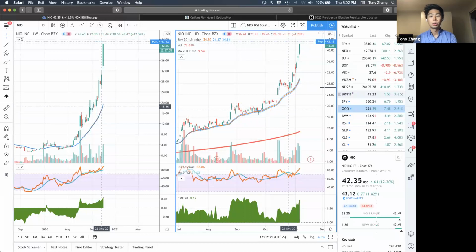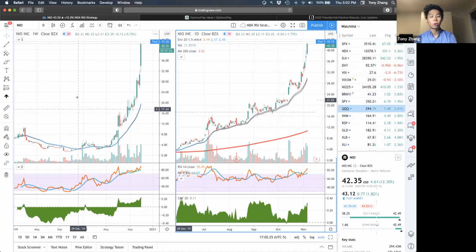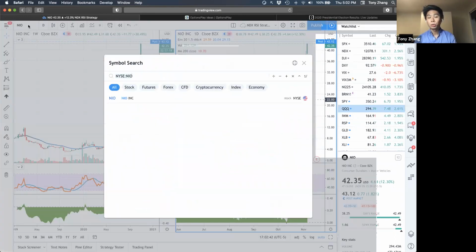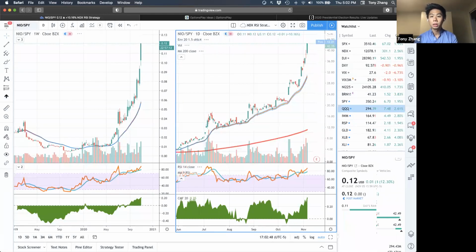What charting service do you use? This is TradingView. I use TradingView for these sessions because it is one of the few charting platforms that really covers global coverage, regardless of whether you're using U.S. or international stocks or indices. One of the great things about TradingView is that you can do math on it, meaning if you wanted to take NEO and compare it to SPY, you just do NEO divided by SPY and you get a relative chart.